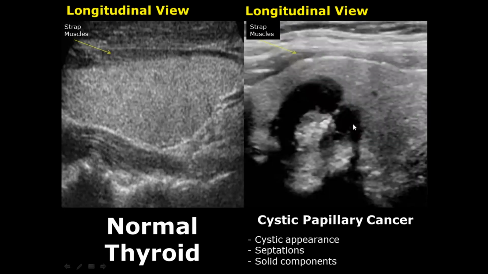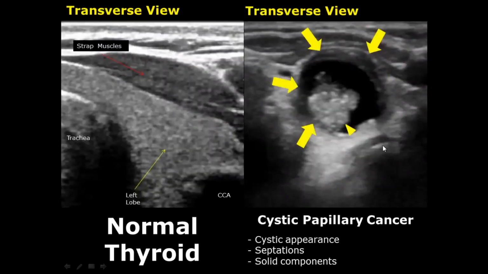Papillary cancer can also have a cystic form in which you will see cystic components and also septations and solid components. Here is a transverse view showing cystic papillary cancer, a cystic mass with solid components.